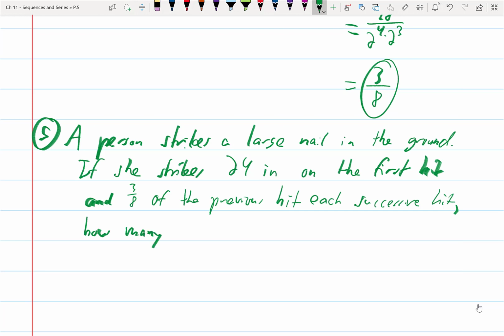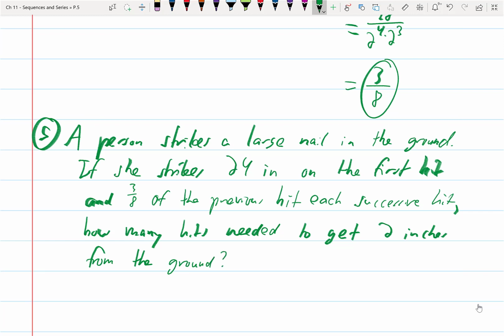how many hits needed to get 2 inches from the ground? How tall is the nail? Is she on top of the nail?